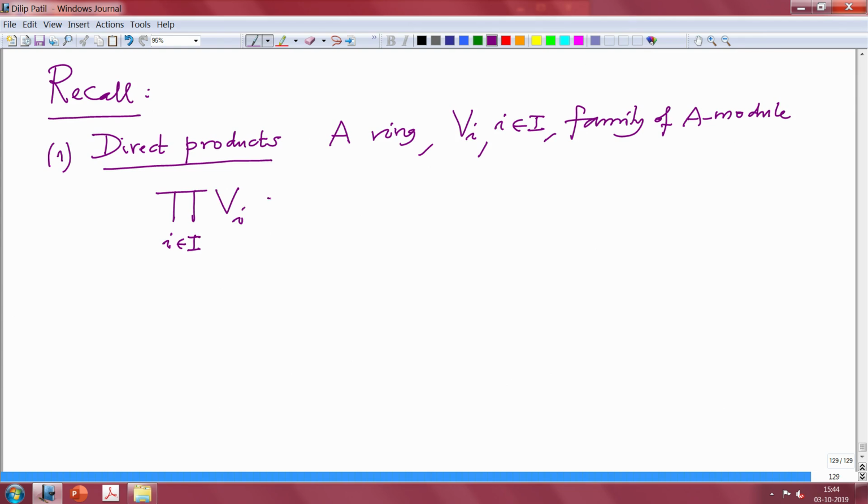One way to think is that these are the tuples xi, i in I, where the ith component belongs to Vi for all i in I. But for many practical purposes it is better to think not as a tuple, because when the index set I is complicated, it will be difficult to imagine who is the next and who is the first.